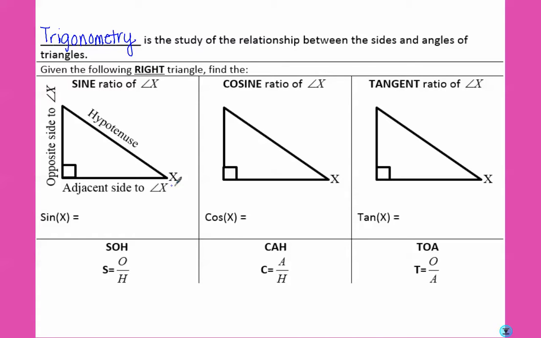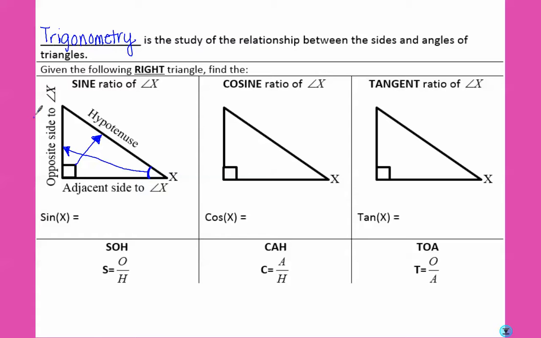If we're looking at angle X, which is right here, the side across from that is the opposite side because it's opposite the angle. The side across from the right angle is always the hypotenuse, and then the side touching the angle that's not the hypotenuse is the adjacent side because it's adjacent to it.